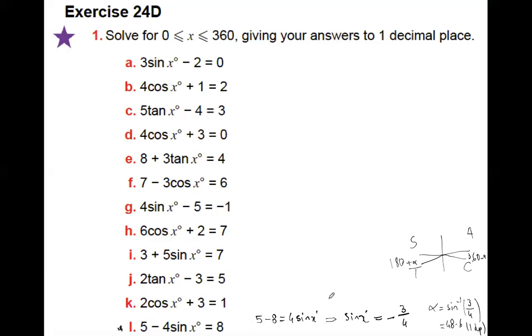And now I'm going to plug that back in here, plus 180. So my answer is going to be x equal 180 plus 48.6, which is 228.6.